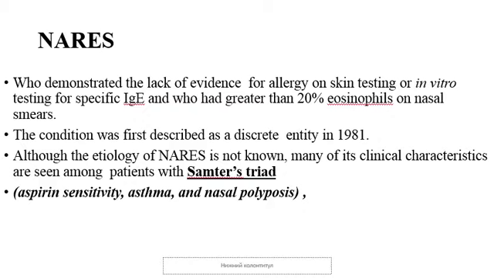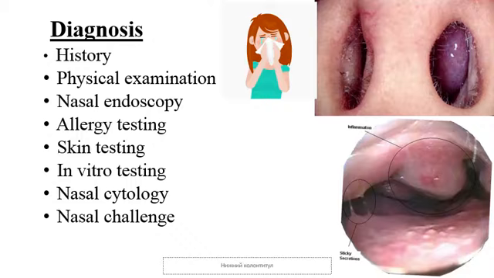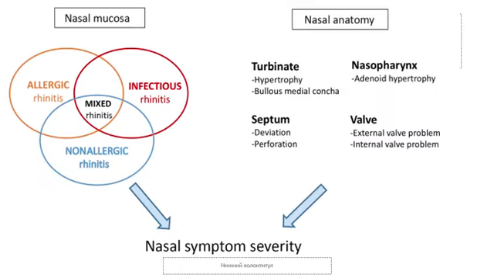Also, the etiology of NARES is not known. Many of its clinical characteristics are seen among patients with Samter's triad, who have aspirin sensitivity, asthma, and nasal polyposis at the same time. The diagnosis is very important. It includes the history, physical examination, nasal endoscopy, allergy testing, skin testing, in vitro testing, nasal cytology, and the nasal challenge.